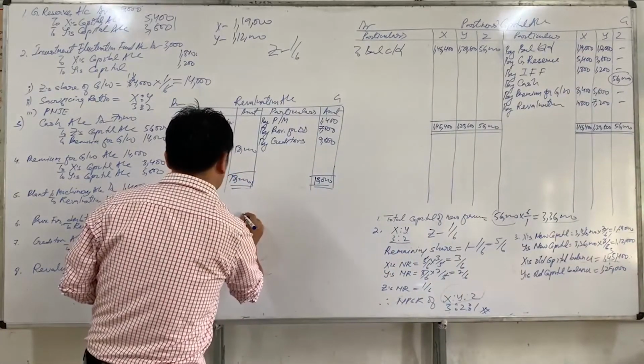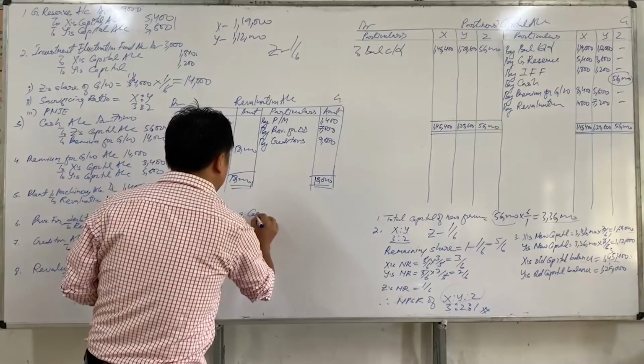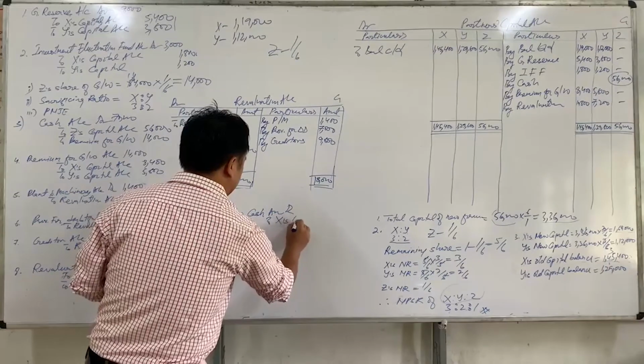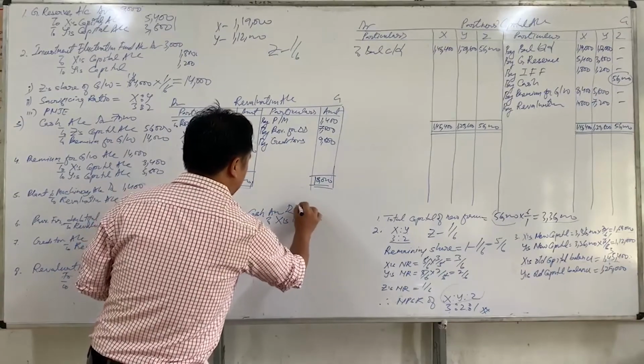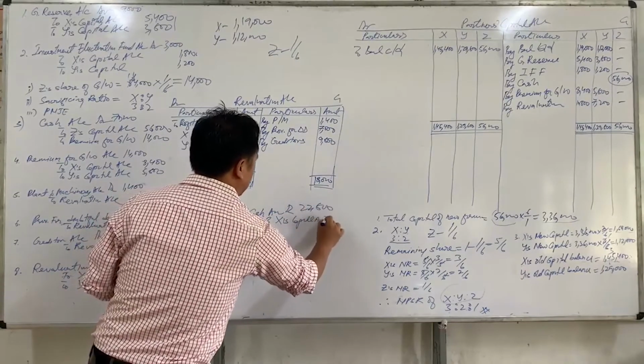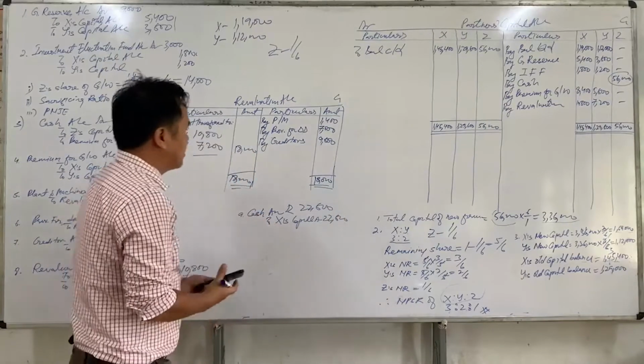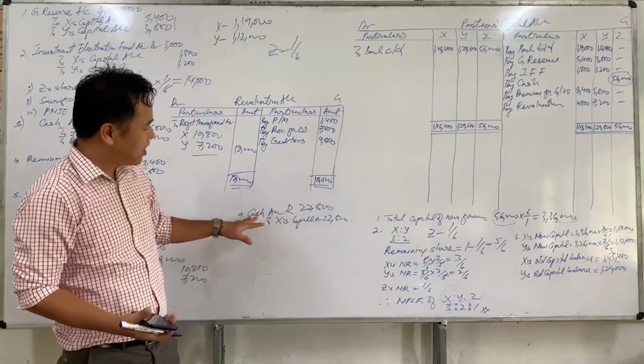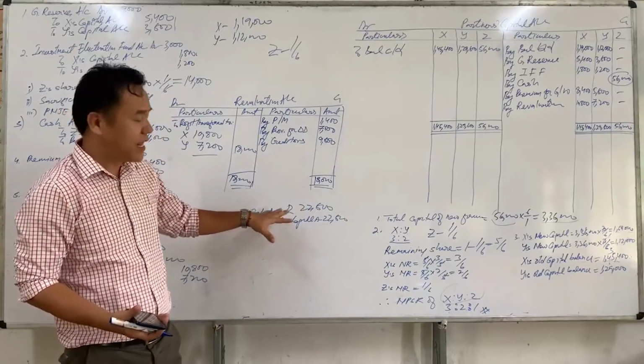X has to bring additional capital. Cash account debit to X's capital account, 22,600. X has to bring an additional capital of 22,600. Since cash is coming into the business, the cash account should be debited, cash being an asset of the firm.